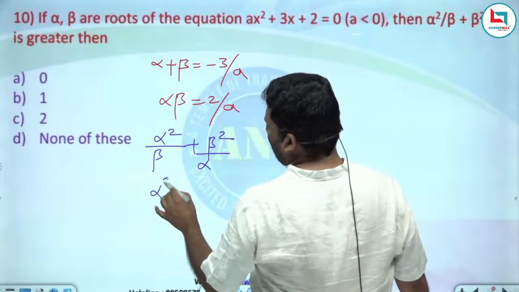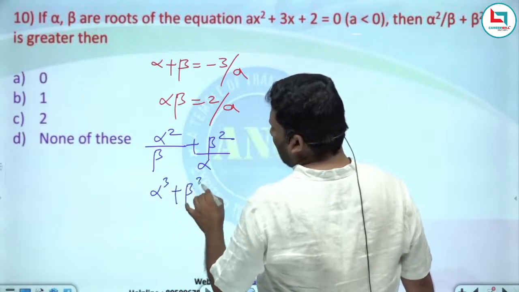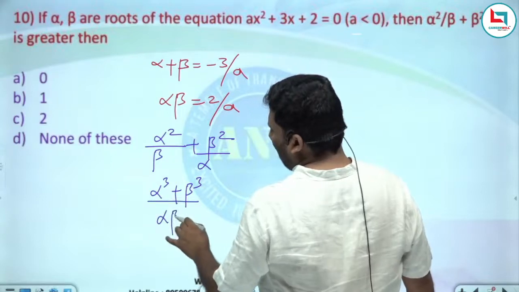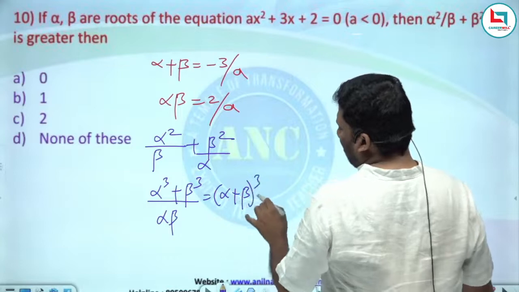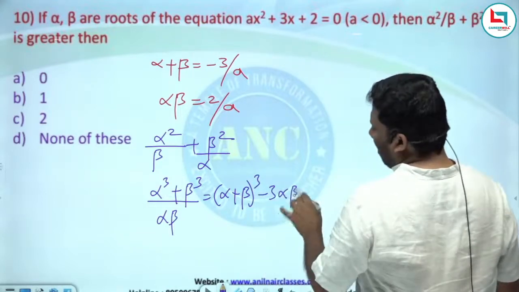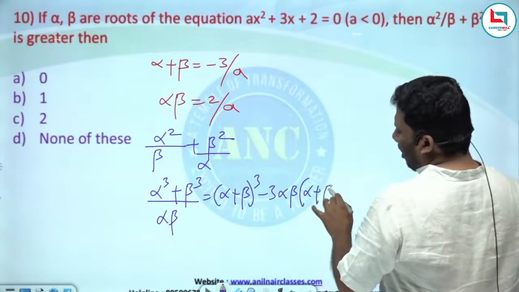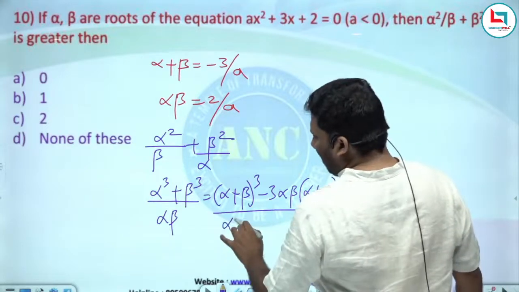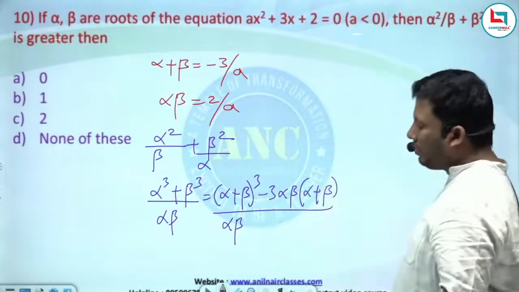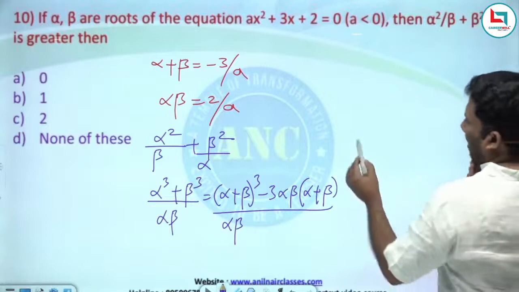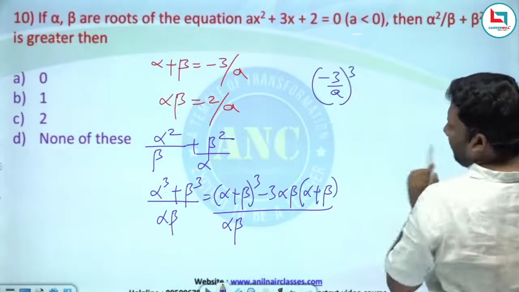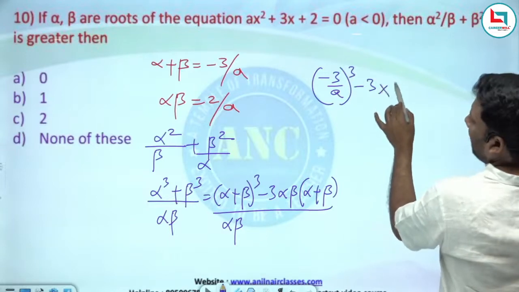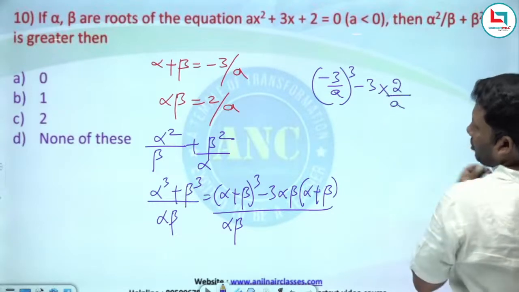So this will be (alpha cube plus beta cube) divided by alpha beta. This is given by (alpha plus beta) whole cube minus 3 alpha beta into (alpha plus beta), divided by alpha beta. Are you all with me? Alpha plus beta is given by minus 3 by a, whole cube, minus 3 alpha beta. Alpha beta is 2 by a.